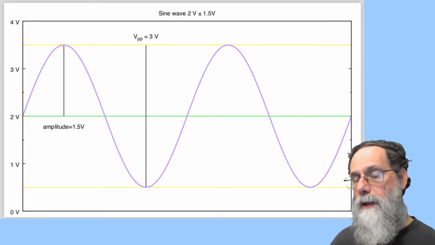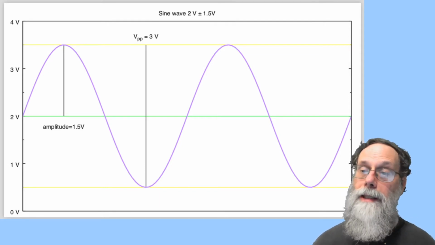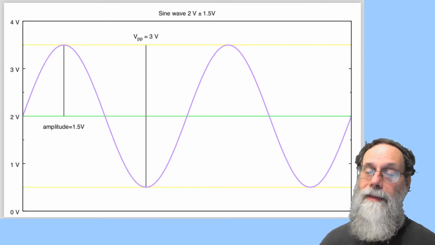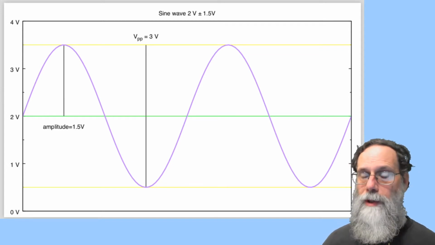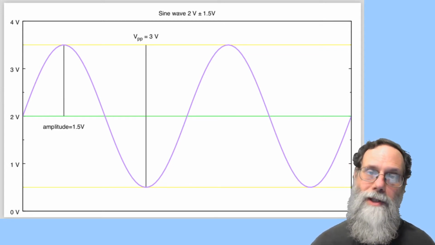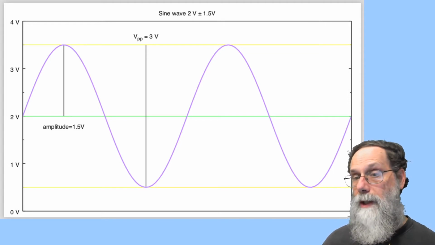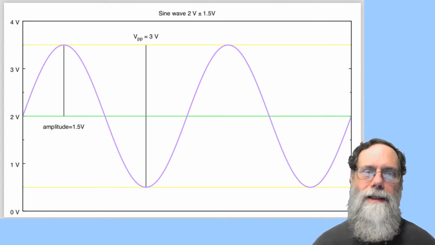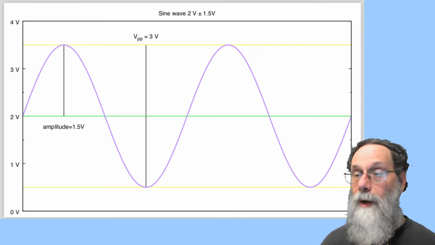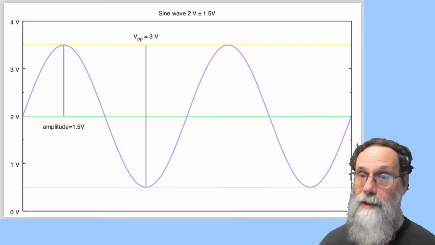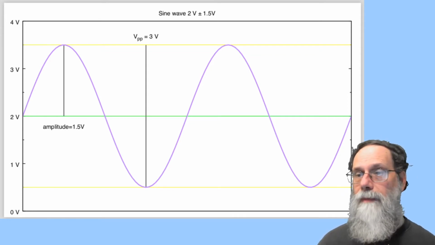There's another measurement that's often used, and that's the peak-to-peak voltage. And that's twice the amplitude. It's the highest value that we see in the signal minus the lowest value that we see in the signal. And for sine waves and cosine waves, which are nice symmetric signals, that's always just twice the amplitude.